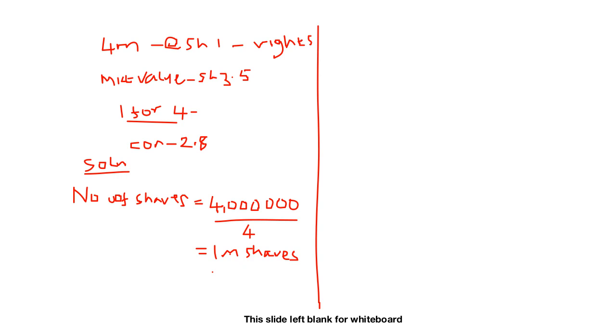After we have determined the number of shares to be acquired through the rights issue, we have to determine the number of shares to be issued at full market price.